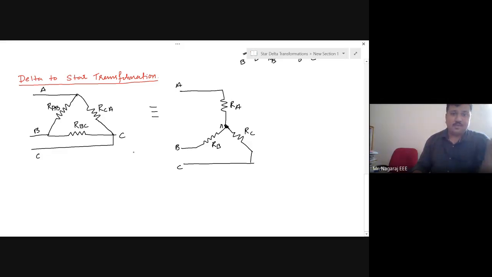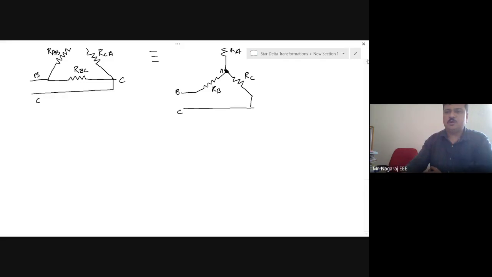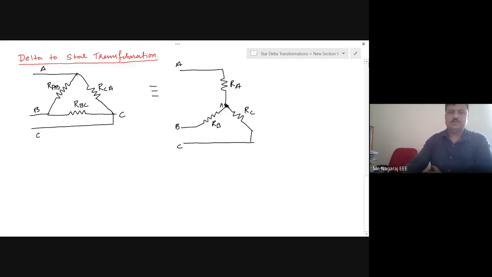But how to get that equivalence mathematically in the analysis? That is important. Philosophically we saw that there should be equivalence followed, because if the star connected network is not equivalent of the delta connection, then this star connection is of no use for me, because it will give totally different results.